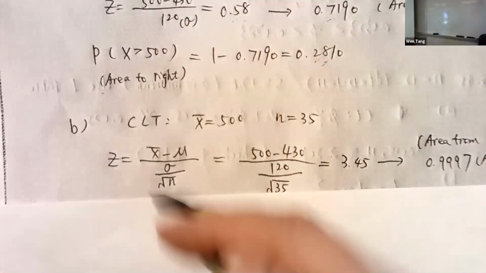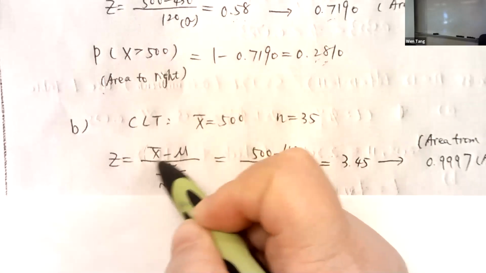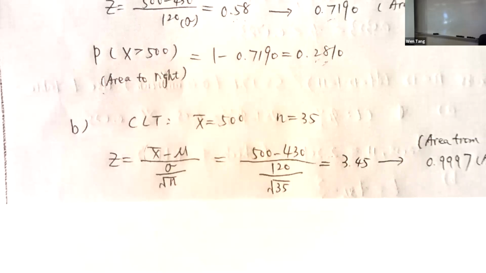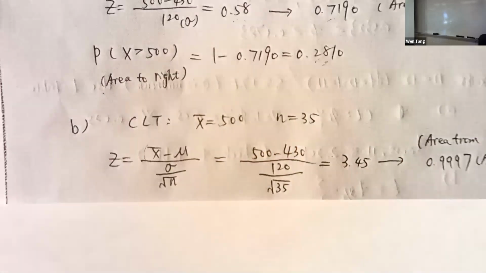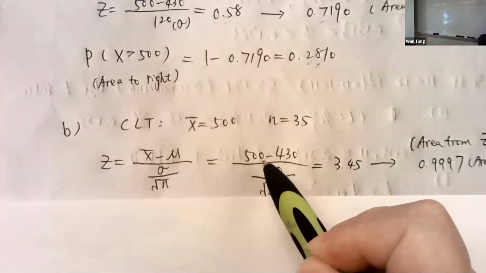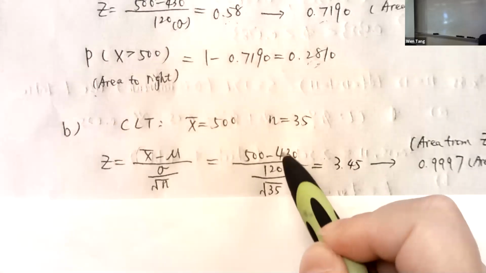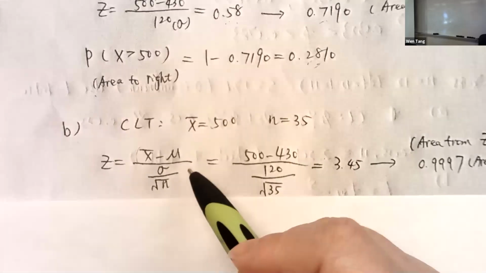In the central limit theorem formula, you will realize the first value is not the single X value. It should be the X bar. For this one, the X bar value is 500. This 500 is the X bar value, the mean value. Then we still need to subtract mu, the population mean.